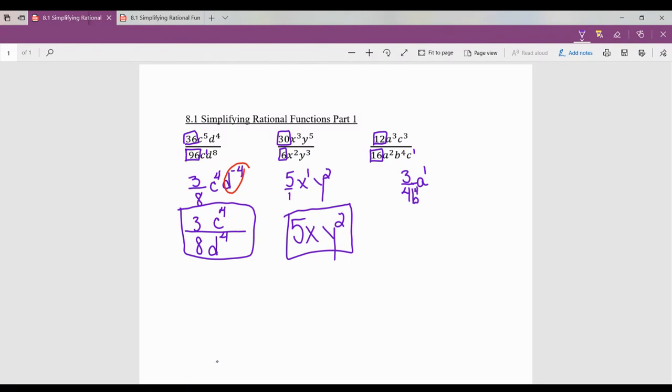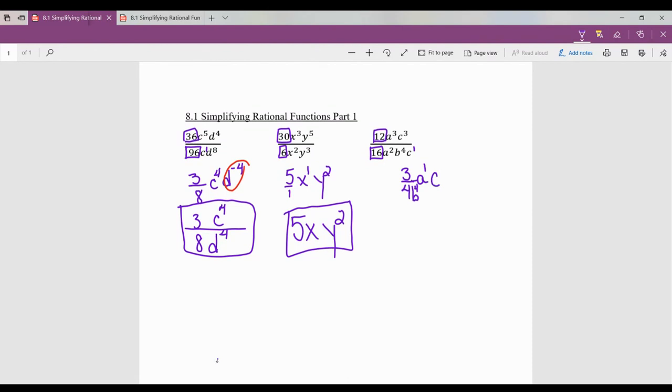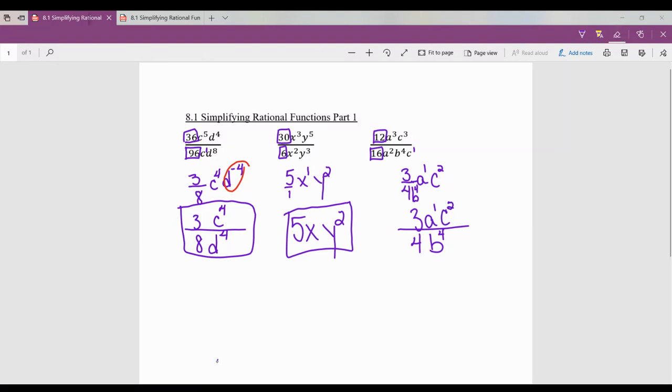And c to the 3rd over c to the 1st, subtract them. 3 minus 1 is 2. So we've got the 4 and the b to the 4th in the denominator. Up top is going to be the 3, a to the 1st, and c squared. But remember, we don't need that 1 with the a when we're doing our final answer.